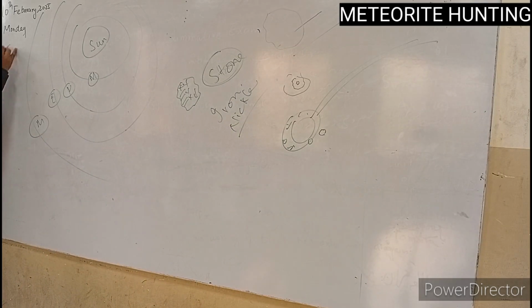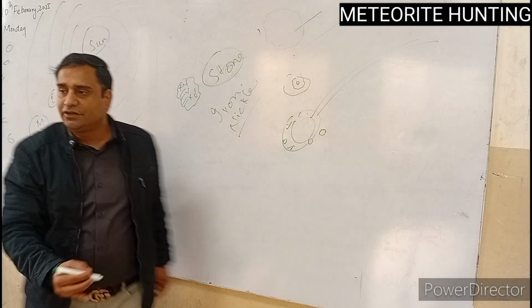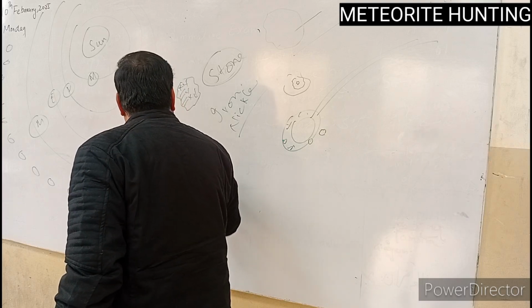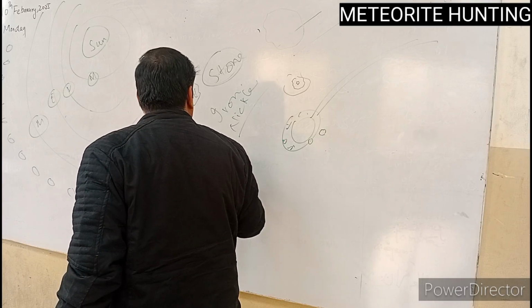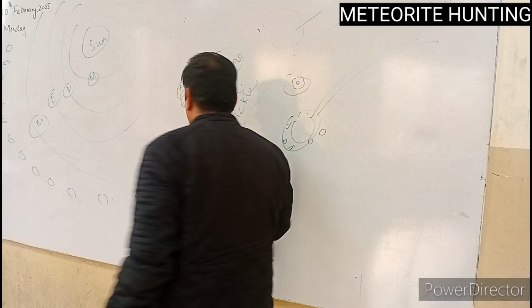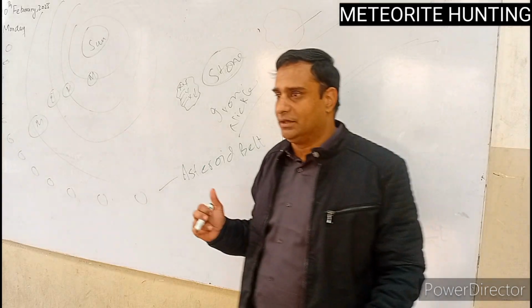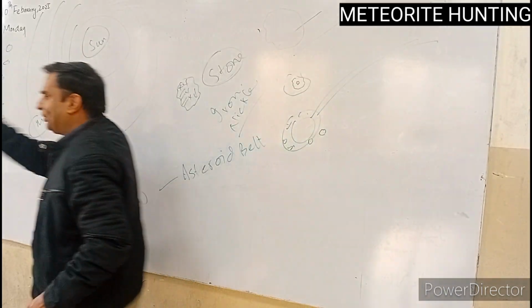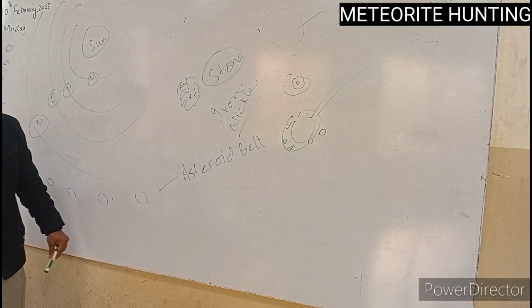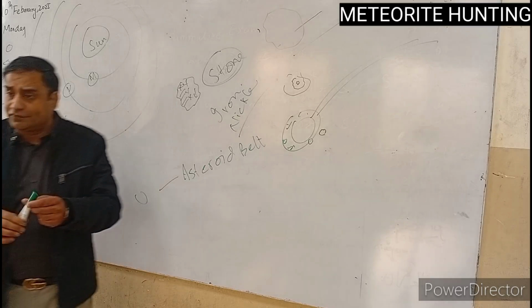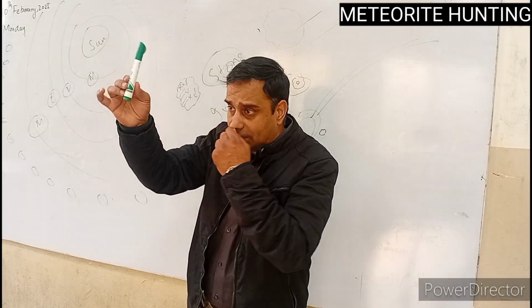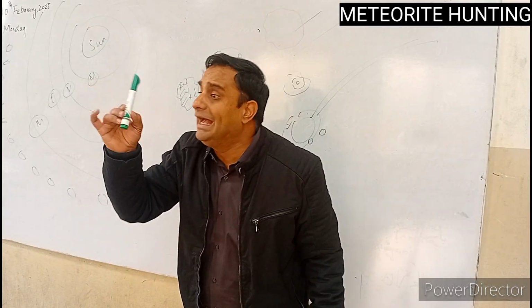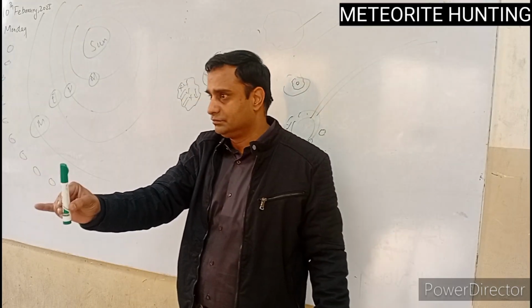So, after Mars, there is a belt of asteroids, and this is called the asteroid belt. It contains billions and billions of those rocks. Now, those rocks can be as small as this gold marker or as big as a city.